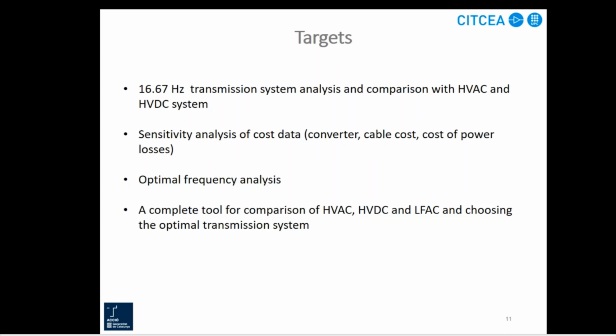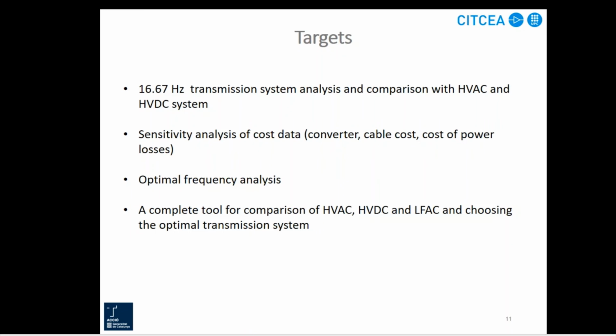This frequency is used because it is used in railway systems, so it is a proven technology, or an already used frequency, that can be tested also on offshore wind farms. The target is to finish this analysis and compare it with HVAC and HVDC systems to see whether there is a break-even distance where we can fit this low frequency system.